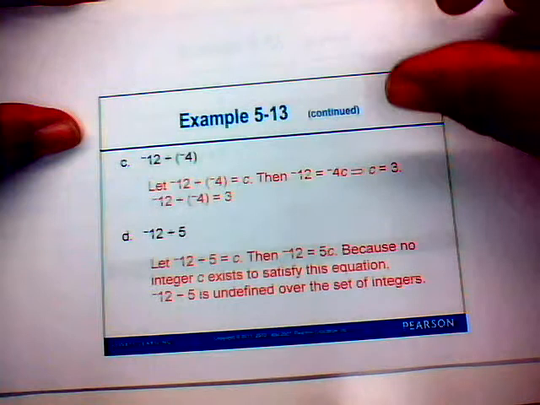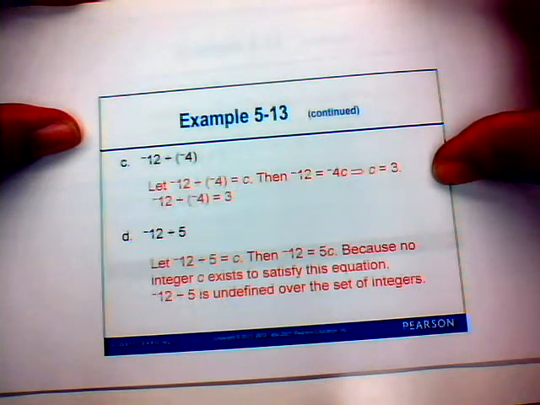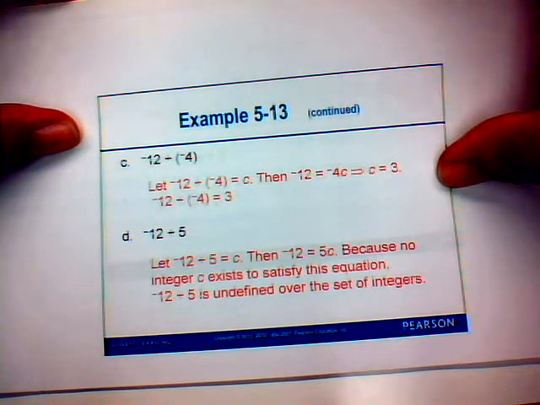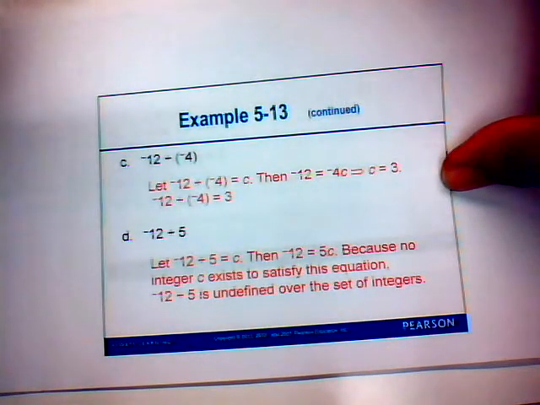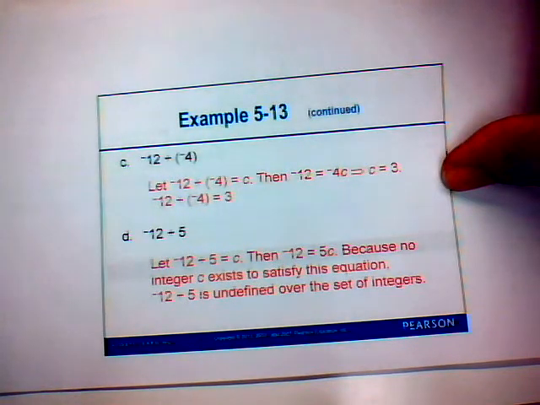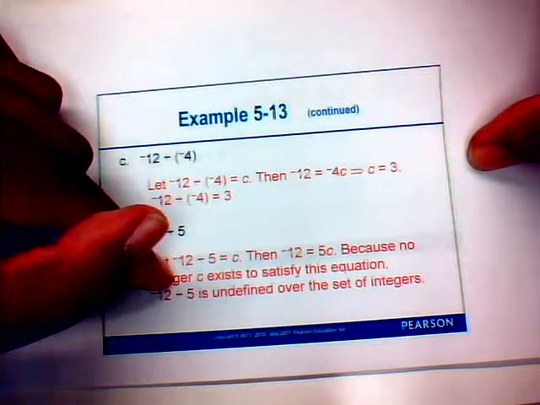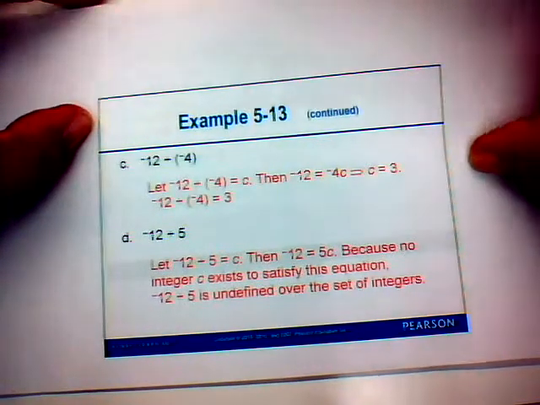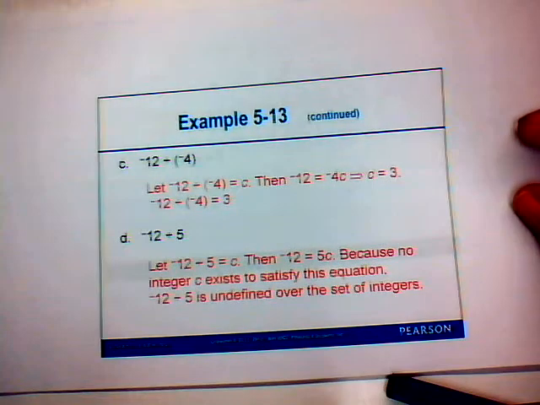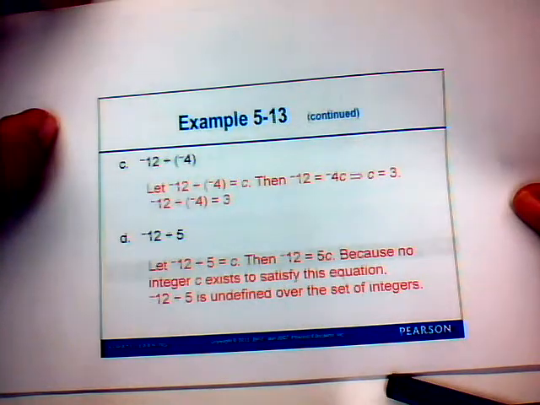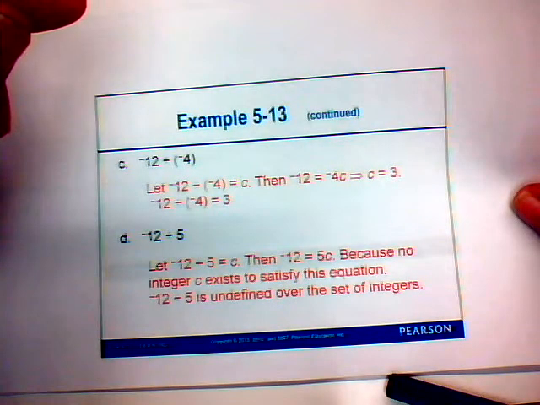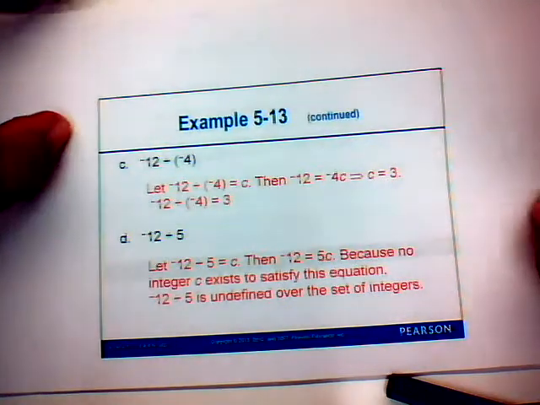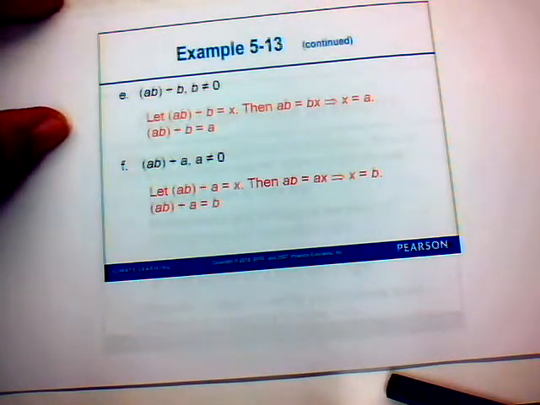Now keep in mind, negative 12 divided by 5 would give you some number like negative 2.4, but negative 2.4 is not a whole number, it's a decimal. Because integers consist of whole numbers that are positive and negative whole numbers and 0 with no decimals in it. So you can see why this is undefined over the set of integers. Now if it was a set of, let's say, rational numbers, then it would be negative 2.4. We'll talk about rational numbers a little bit later in this course.